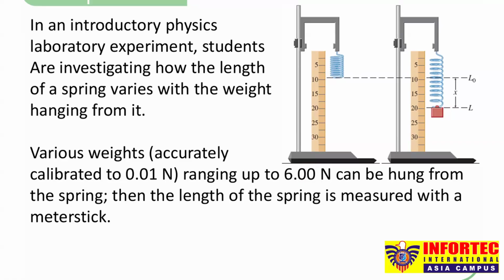According to this mass, this weight, what happens? The length of the spring varies. This is the experiment. The length of the spring is varying, and it is measured with a meter stick.